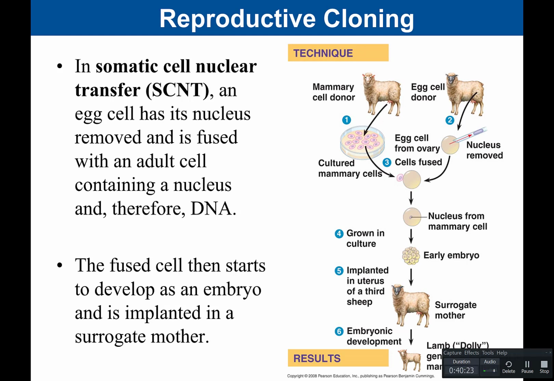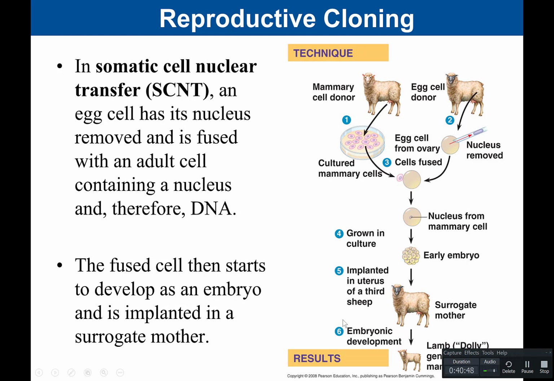And so what that tells us is, again, this cell is differentiated. It has become specialized, and in culture, when you grow it, it only gives rise to mammary gland cells. But even that differentiated cell contains all of the genetic information. It still can give rise to an entirely new organism.